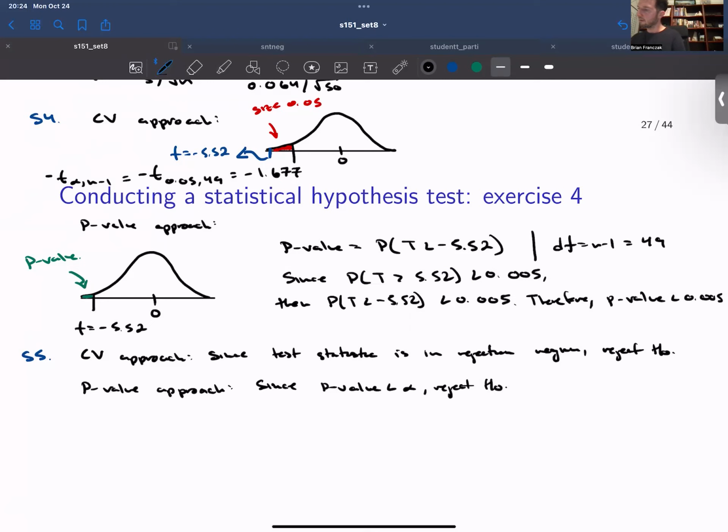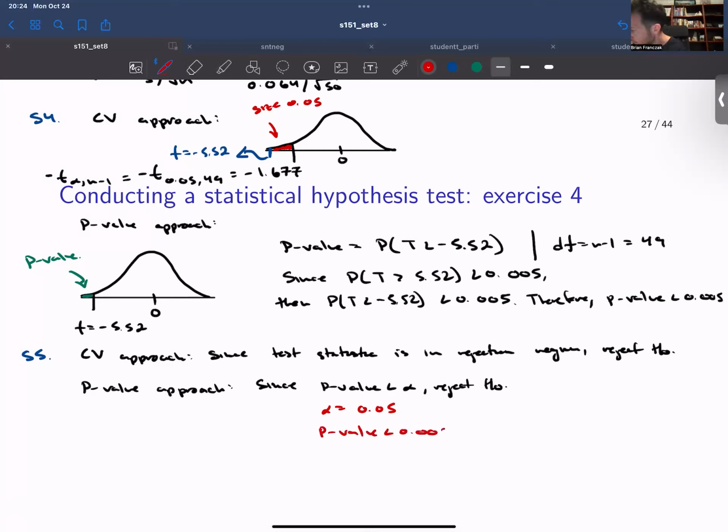Here, alpha is equal to 0.05, but our p-value is less than 0.005. Any number that's less than 0.005 must also be less than 0.05.